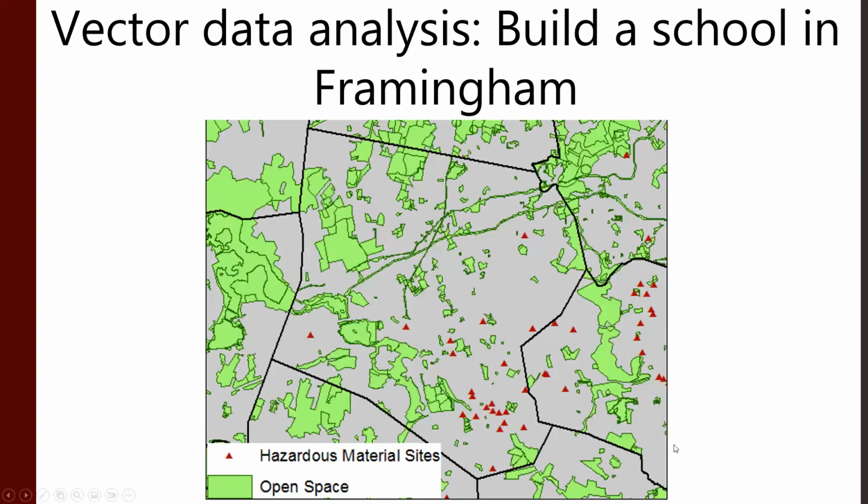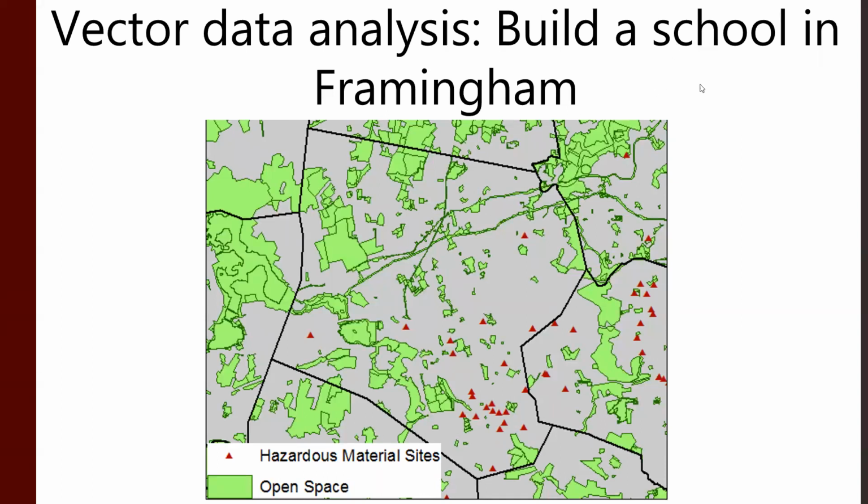So we can pretend, we're doing a little analysis right now. Pretend that we are doing some of this GIS work. Here's Framingham. We've got this green is open space, and we've got our little red triangles as hazardous material sites.